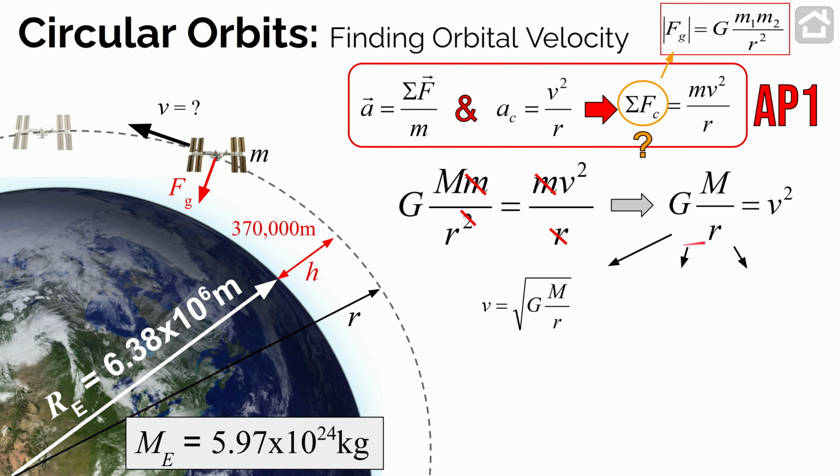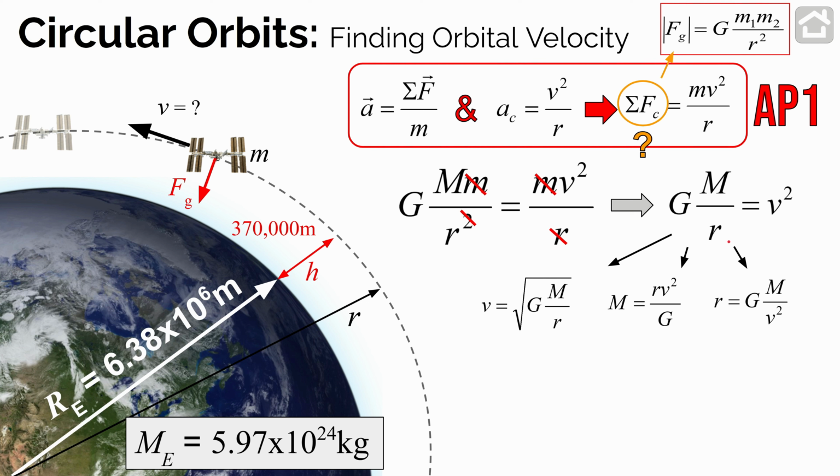But we could also use this equation. This equation tells us how the mass of the planet and the orbital radius and the orbital velocity are all related to one another. We could rearrange this and solve for m. So we could figure out the mass of a planet just by, let's say, taking a moon that's orbiting that planet. And if we know how fast it's moving, if we know how far away the moon is from the center of that planet, we could approximate the mass of that planet in kilograms.